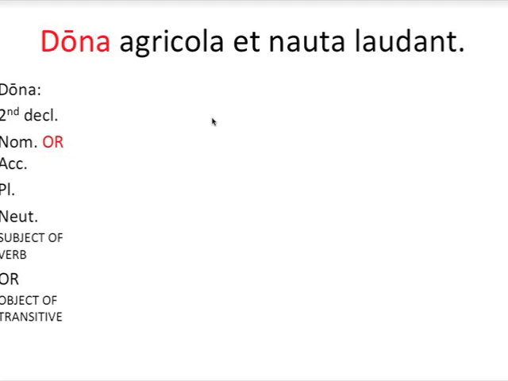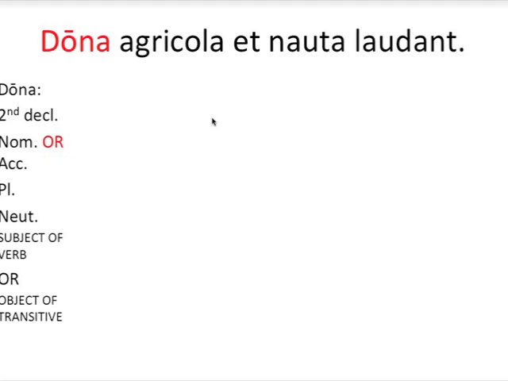So that word all by itself could be the subject of a verb or the object of a transitive verb. Now we're going to know which it is by the rest of the information in the sentence.